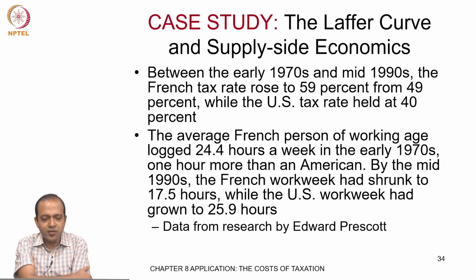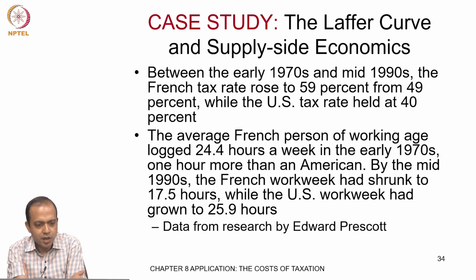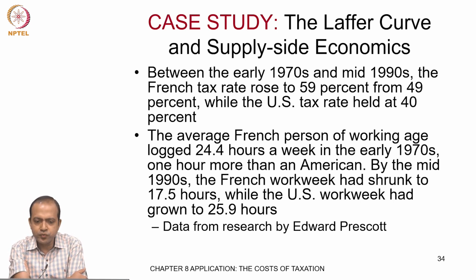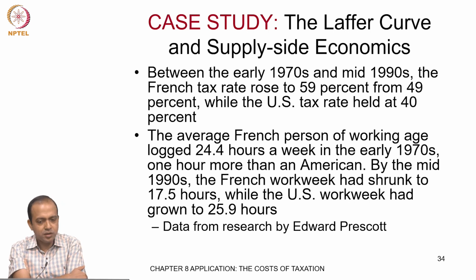Okay. Let us see what is happening to the US. Between 1970 and 1990, what happened to the tax rate in the US and France? The French tax rate rose to 59% from 49%. So, a 10% increase in the French tax rate. However, the US tax rate held almost the same at 40% during 1970 and 1990.